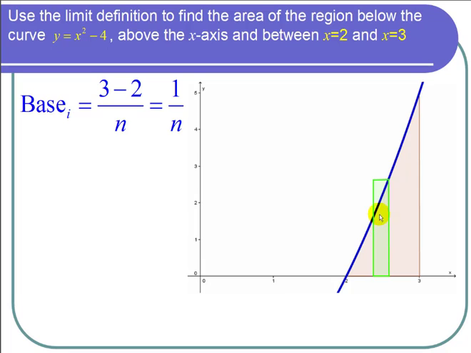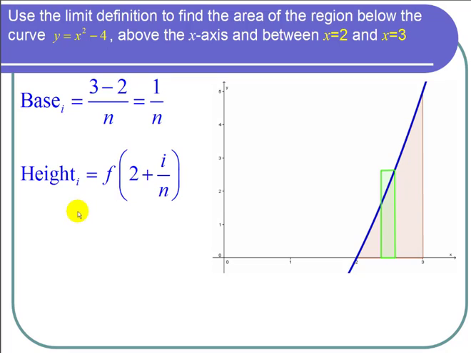Now let's look at the height. The height will be the y-coordinate of this point. The x-coordinate, we're starting at 2, and then we're moving along i bases until we get to this point here.